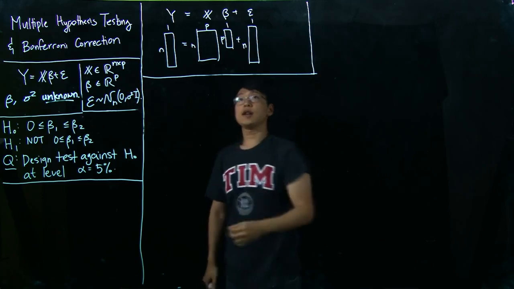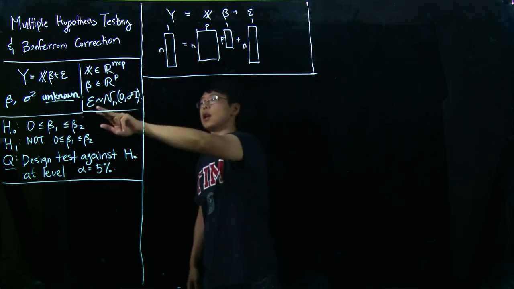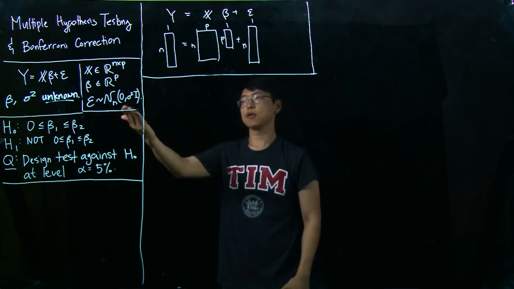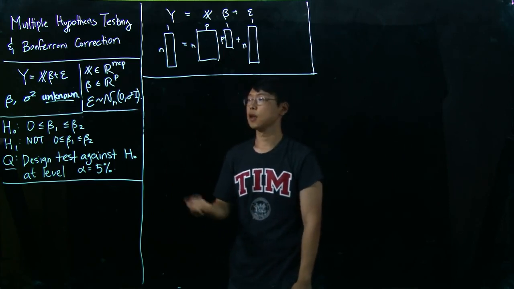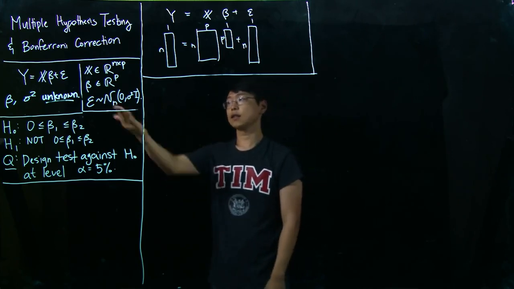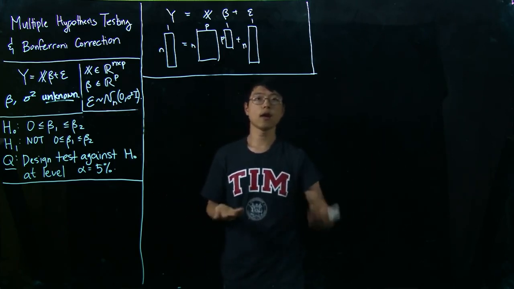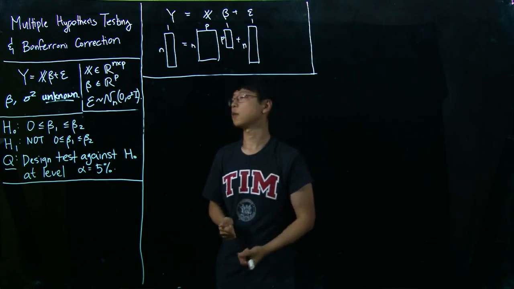The parameter beta is going to be a p-dimensional vector. It's unknown. Epsilon, we're going to assume, is a Gaussian that's n-dimensional, has mean 0, and covariance matrix sigma squared I. So this tells us that we're in the homoscedastic case, so that the components of epsilon, which are epsilon 1 through epsilon n, are IID Gaussian with mean 0 and variance sigma squared.